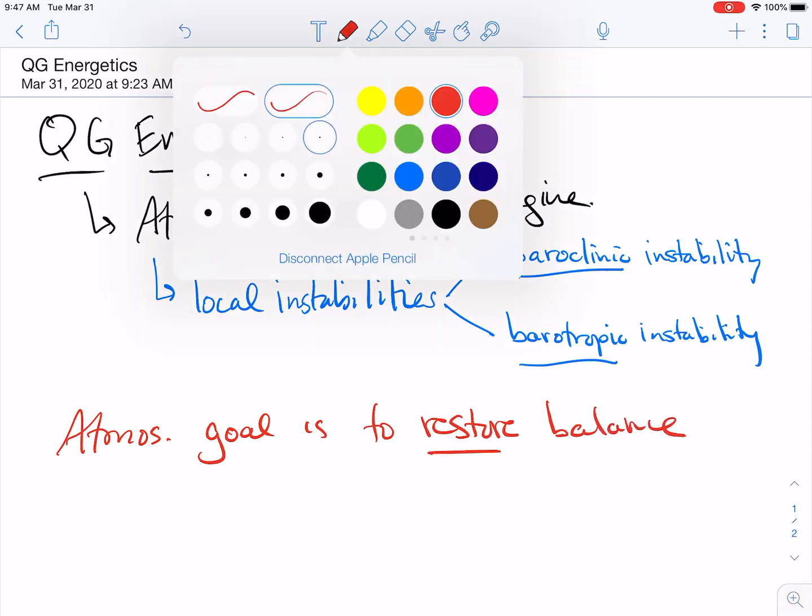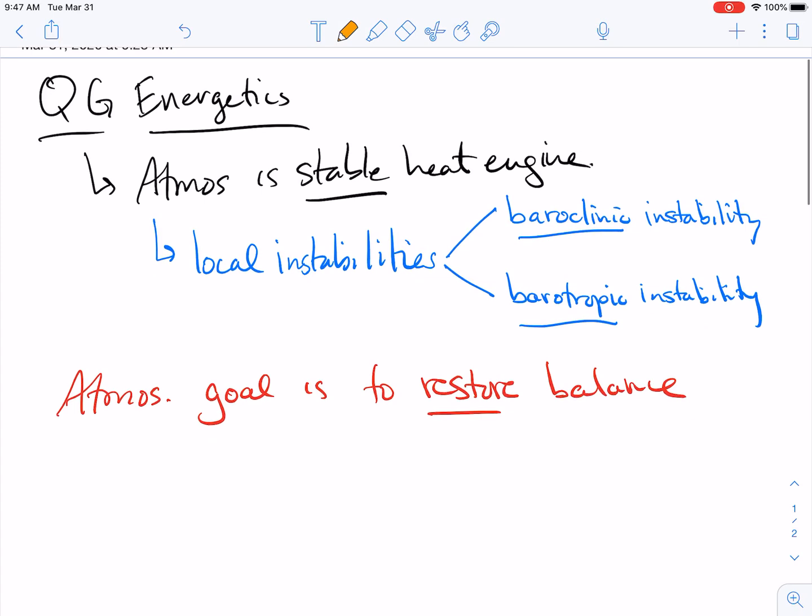And imbalances are generated by the atmosphere, and then that leads to the buildup of available potential energy to then be realized in kinetic energy. And so imbalances lead to available potential energy, APE, which then gets used up through our kinetic energy, primarily in the atmosphere, our wind.